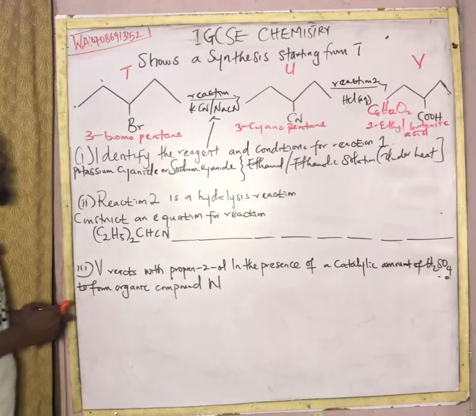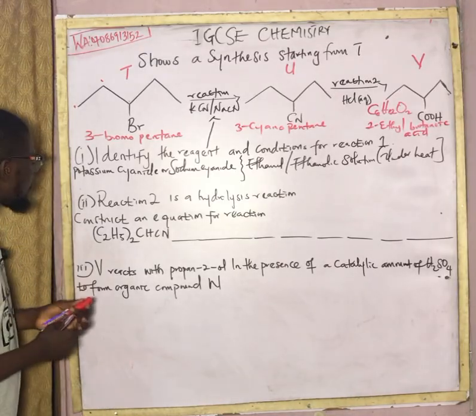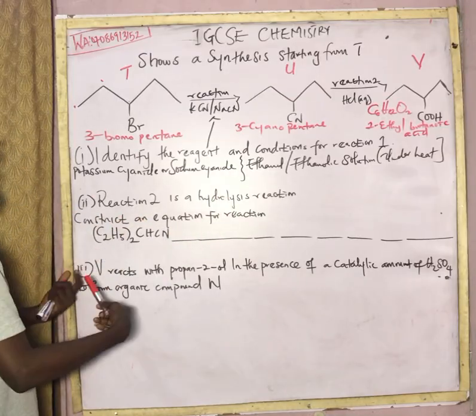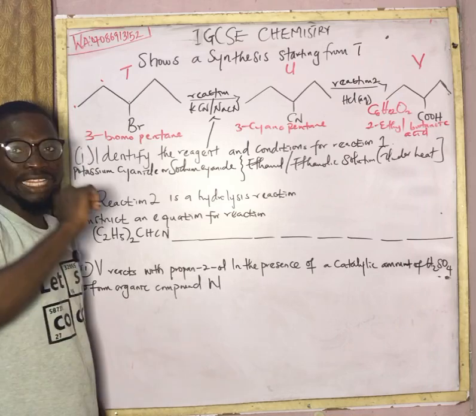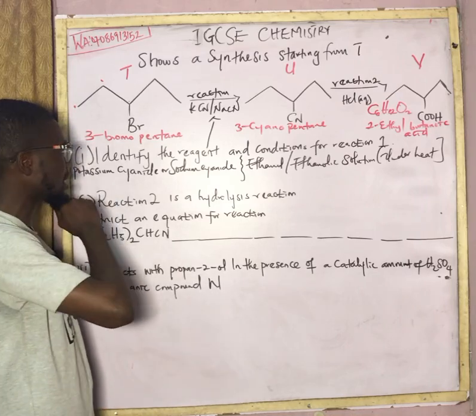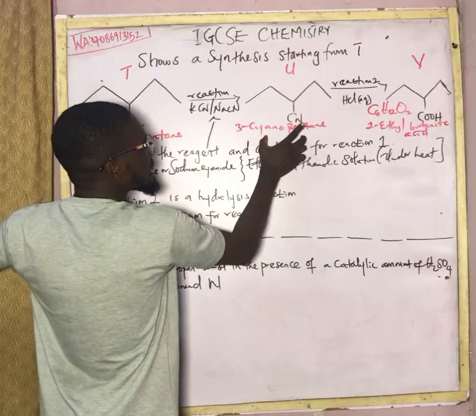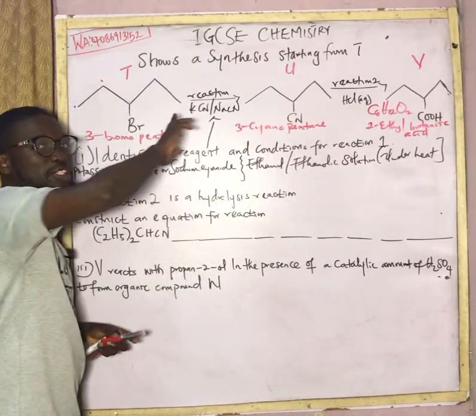Now, we have done justice to that. If you look at the second one, I said reaction 2 is a hydrolysis reaction. Construct an equation for the reaction. There's one thing I need you guys to understand: from this cyanide here, 3-cyanopentane, we have a reagent of HCl. I'm going to make use of that.